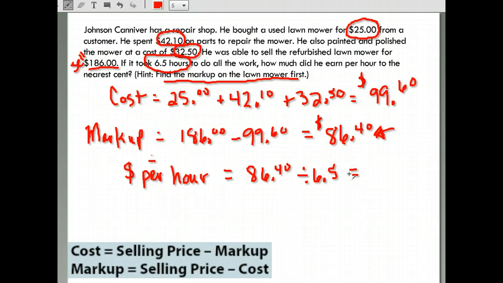So we take the markup divided by the number of hours. And when we do that, I find it's 13.292, and it goes on from there, but we round to the nearest cent, and it's $13.29. That's how much he made for each hour.